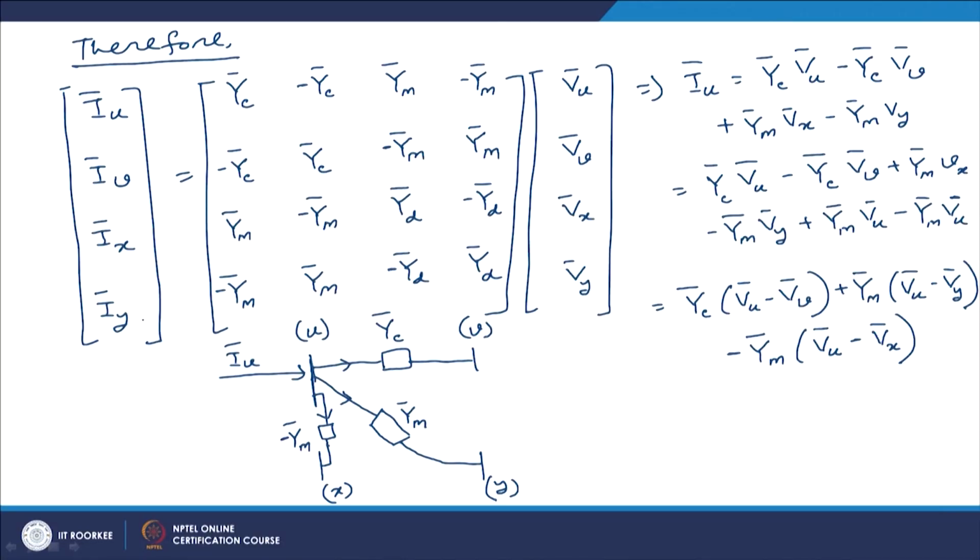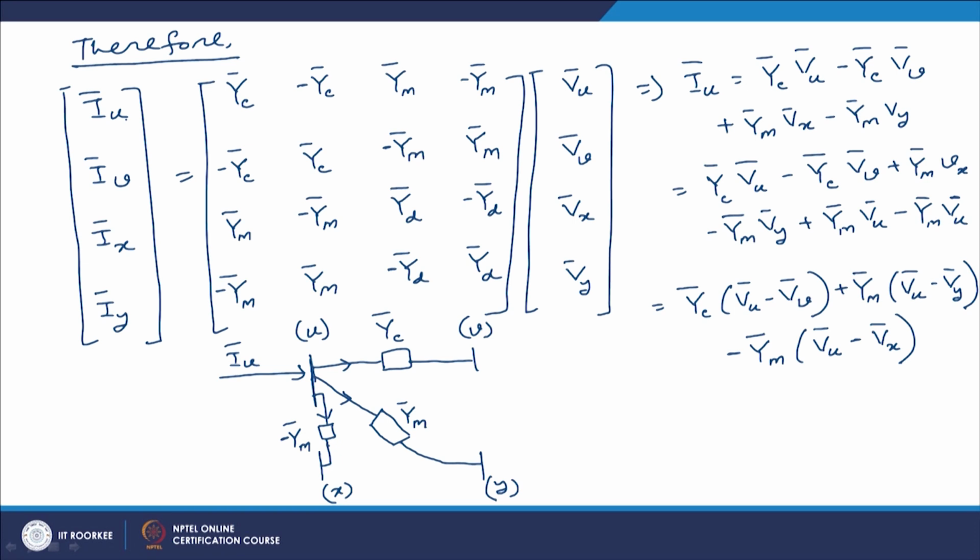What we already represented in the last class is that we had buses u, v, x and y. Between bus u and v there is an element connected having impedance Zc. Between bus x and y there is an element connected having impedance Zd, and these two elements are also interconnected with each other by an equivalent mutual impedance Zm.